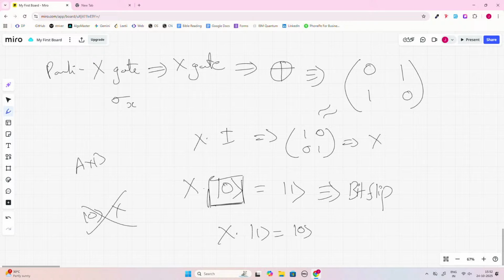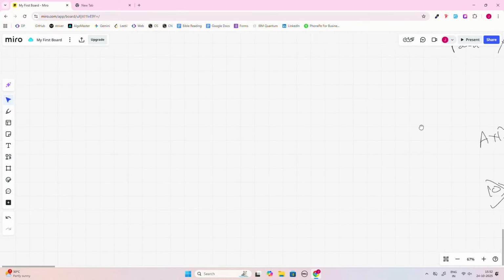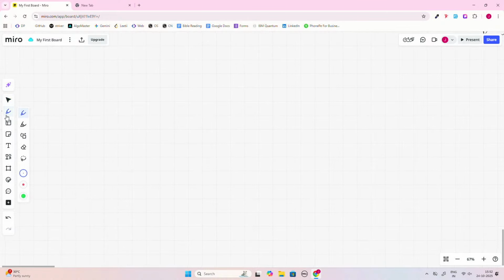The notation should be like this actually: X gate on the 0th state.